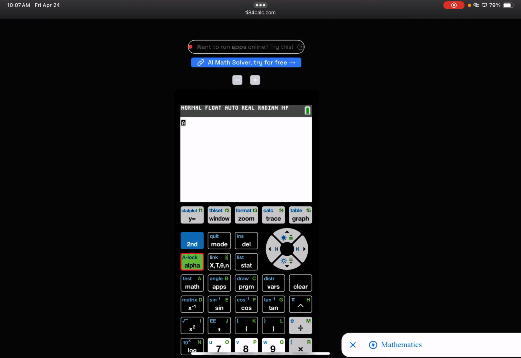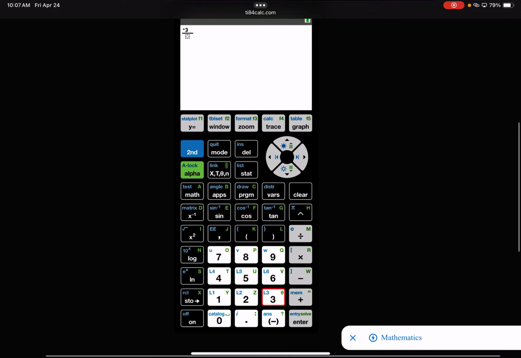That'll make your life so much easier. If not, you have to put everything in the numerator in parentheses and everything in the denominator in parentheses. If you don't have this feature, let me know and I'll walk you through how to do it the other way. The top was negative 3 times log 4.